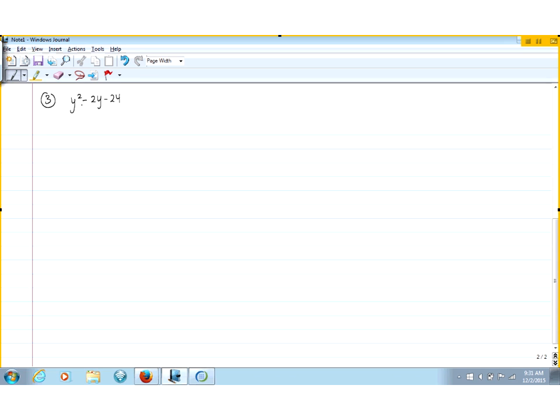Y squared minus 2y minus 24 divided by y squared minus 16, multiply by y squared plus 10y plus 25, divided by y squared minus y minus 30. Okay, so that's number 3. So we're not multiplying now, we're factoring first.